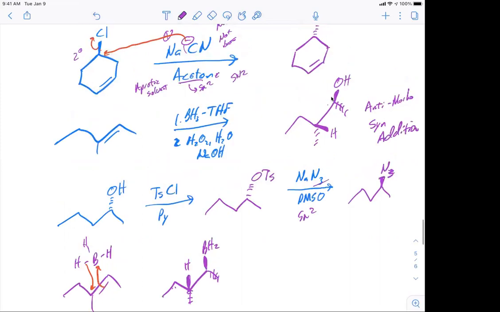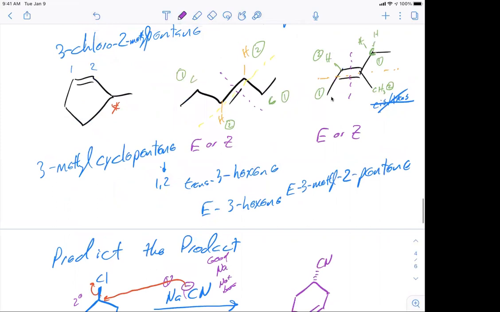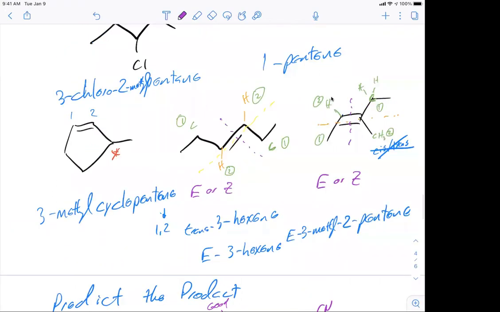Okay, let's go back before I forget on the E and Z. So in the E and Z here, notice that when we perpendicularly bisect it so that we can compare these two groups, we see that this carbon is attached to 2 carbons and another carbon, that gives it priority over a carbon attached to 3 hydrogens, using RNS rules.